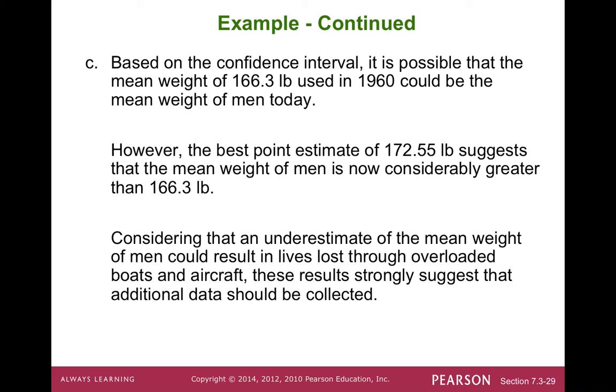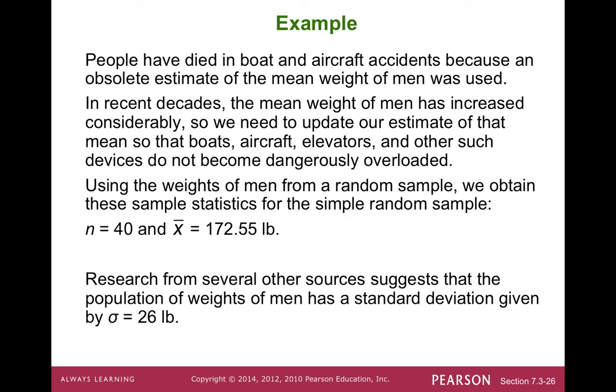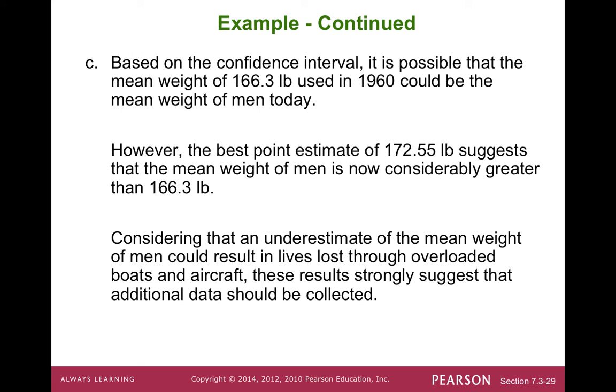So it's really important that when you see data like this, and in this case, this would indicate that they should do a lot more research and probably update some of these assumptions about mean weights, and do a larger study. So that's what they're concluding here.